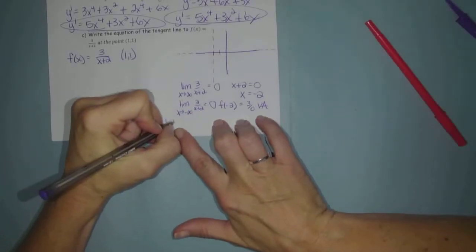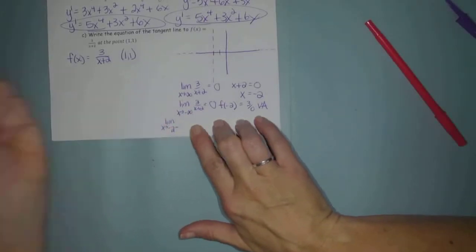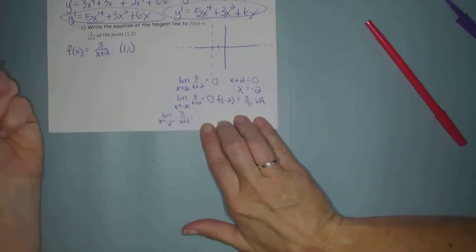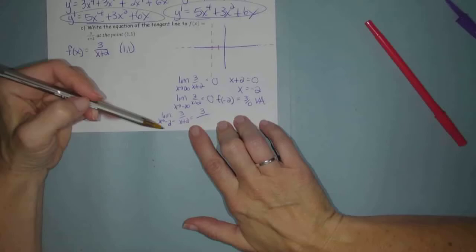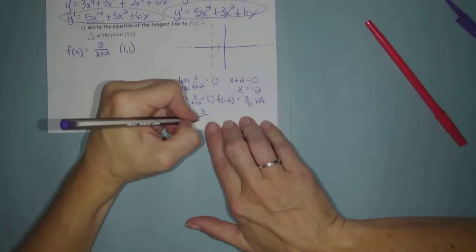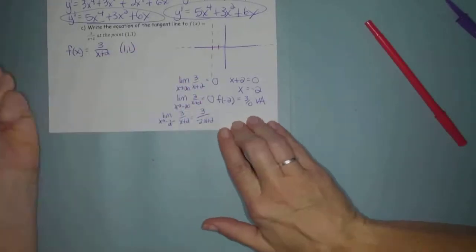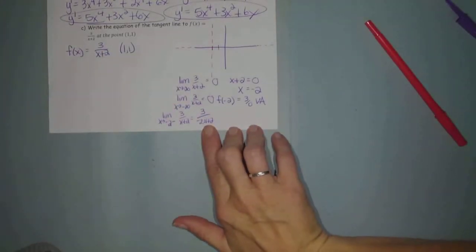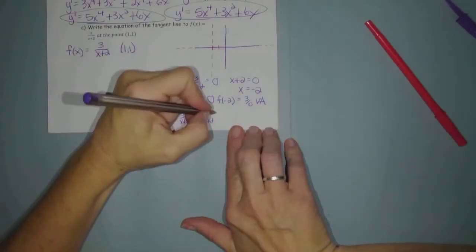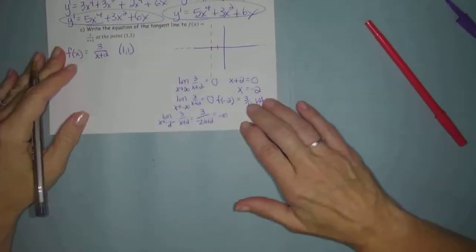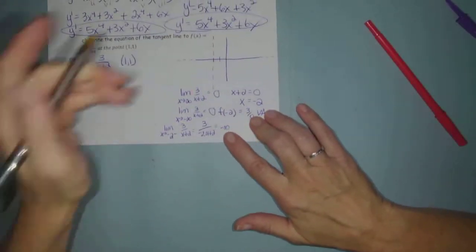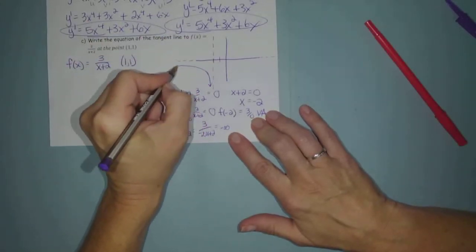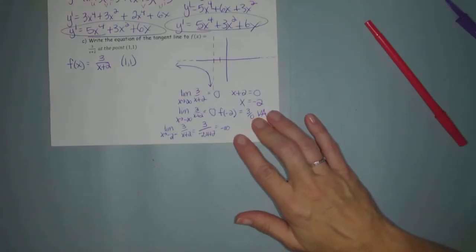So the limit as x approaches -2 from the left of 3 over x plus 2 would be 3 over, let's see, -2.01 plus 2. And that's going to give me 3 over -0.01. And we know from Unit 1 that's heading to -infinity. So coming into -2 from the left, I am going down to -infinity, which means my graph is going to go like this toward the asymptote.